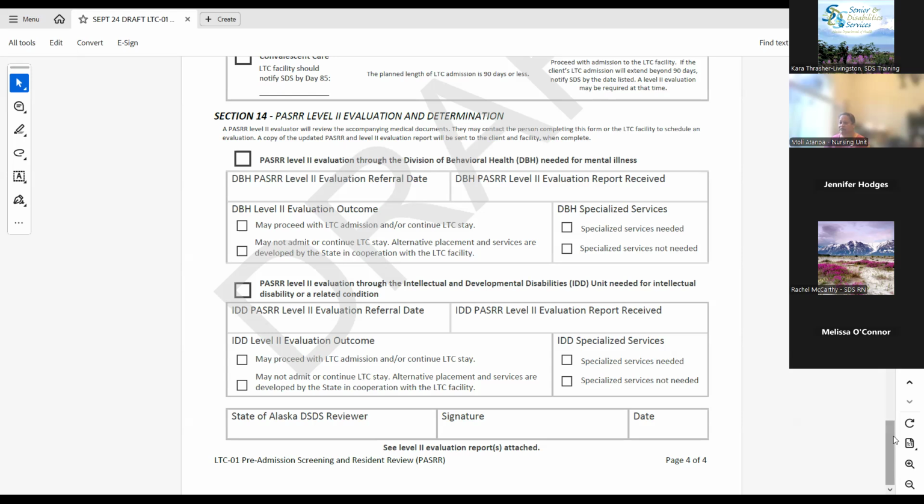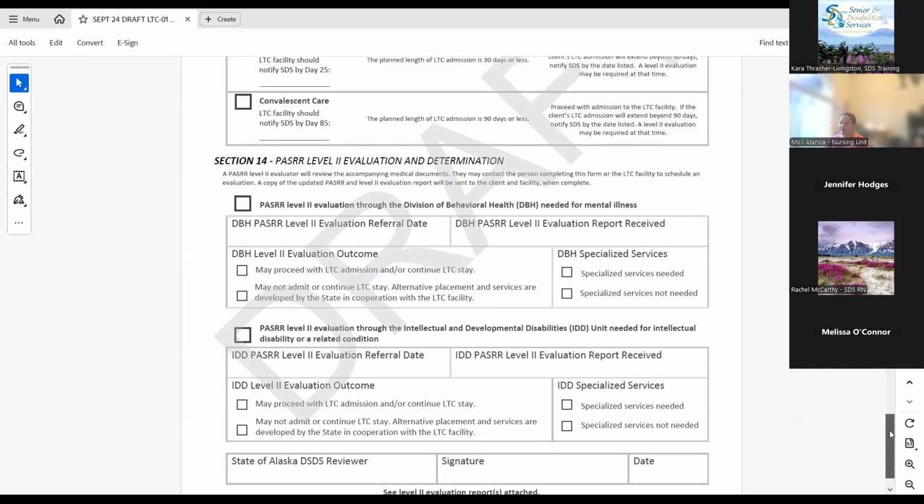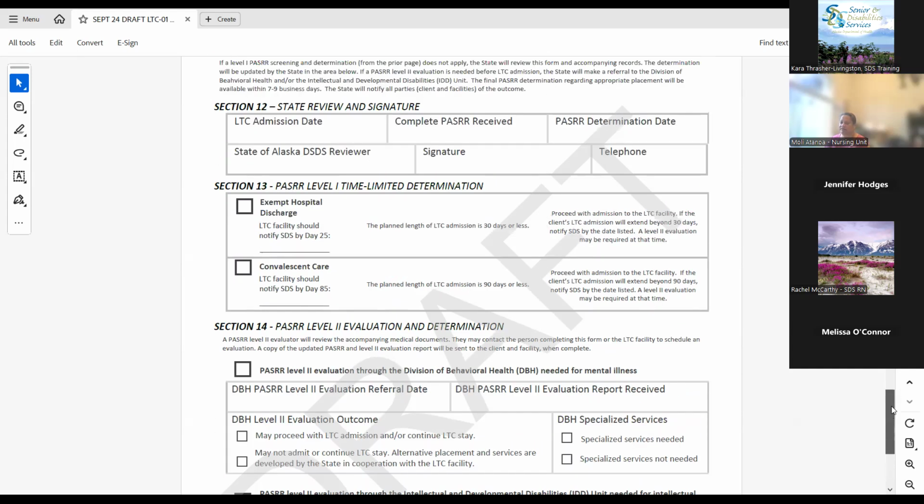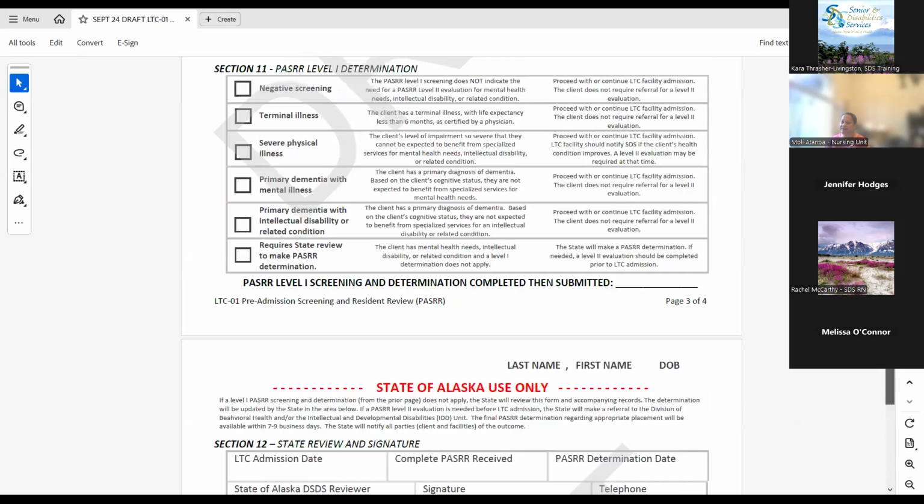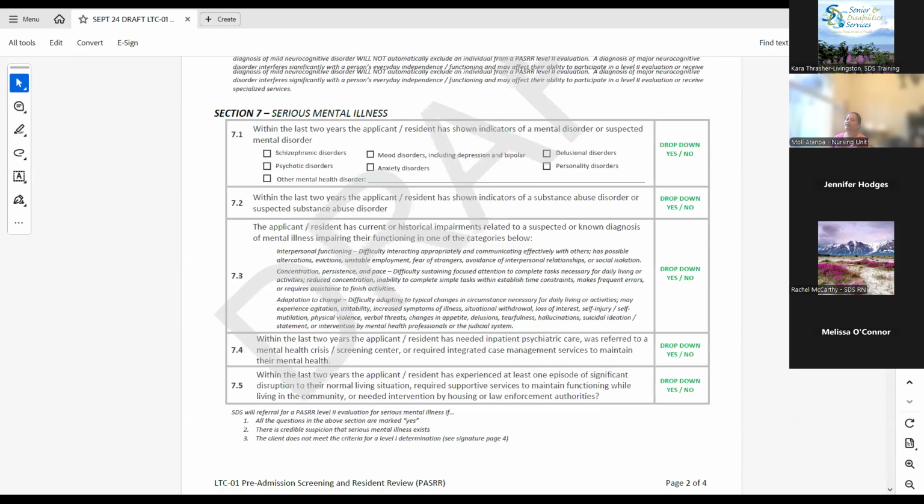We will have the form available to you. Review it with your teams, walk through it. We welcome all feedback, and again, we're looking to collect all feedback by the 11th of October.